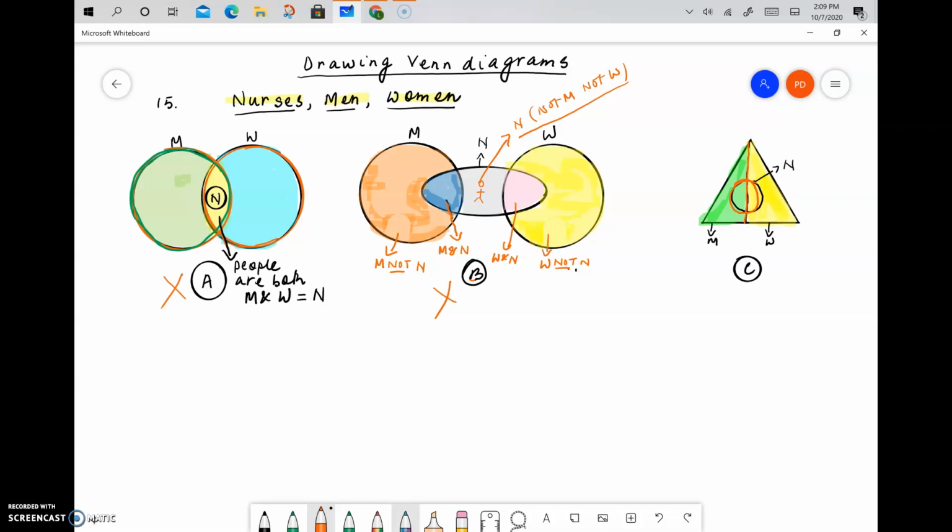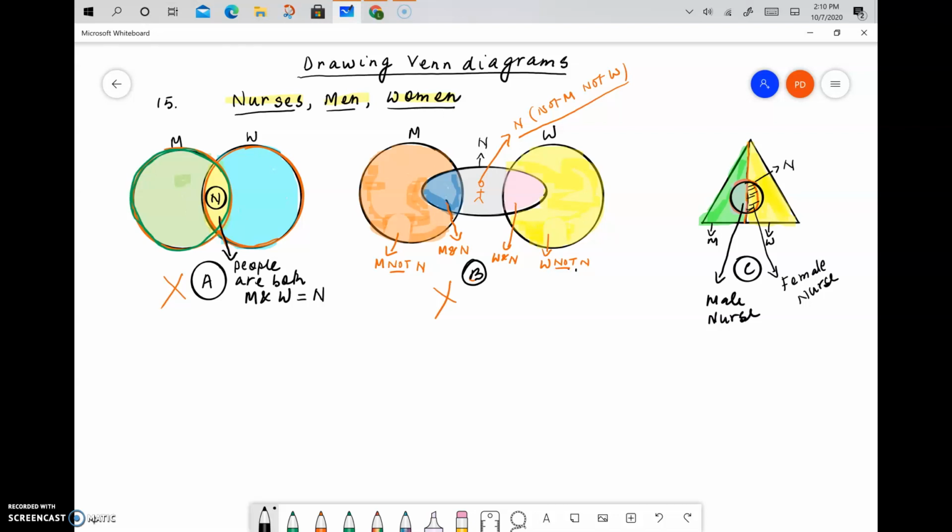So a person sitting in, let's say, this pink area is a person that is a nurse and male. So that's a male nurse. In this striped area, that would be a female nurse because that person is a woman and a nurse because it's in yellow and also in the nurses circle.